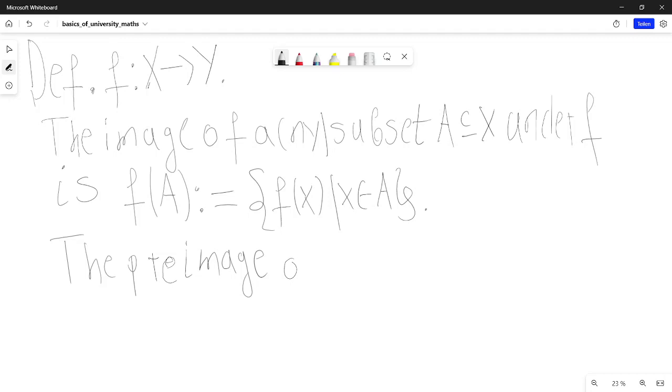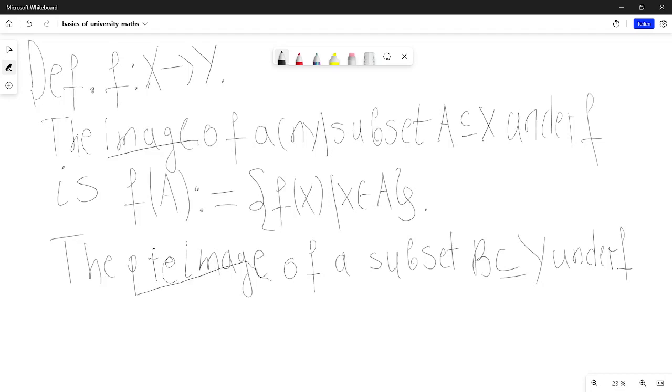The pre-image of a subset, and of course it means any subset B of Y and F, is, and that we denote just like that.